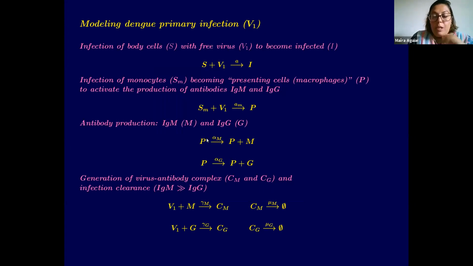Okay, presenting cells will trigger the production of antibodies IgM, which is unspecific, with production rate alpha M. And later on, antibody IgG, that is the specific one against this virus, with a production rate alpha G. So what happened is that now the free virus will be bound to this unspecific antibody IgM with this rate here, and will generate complexes.